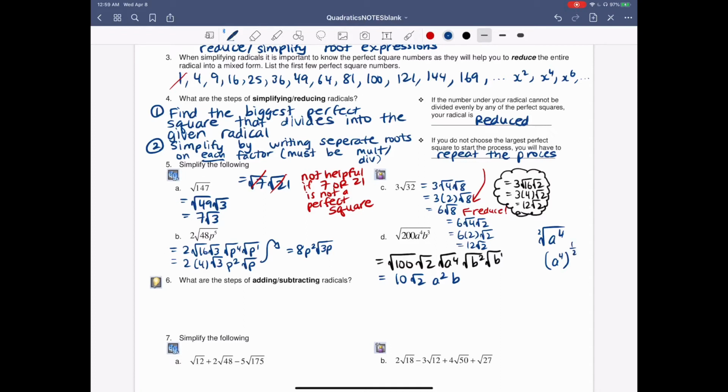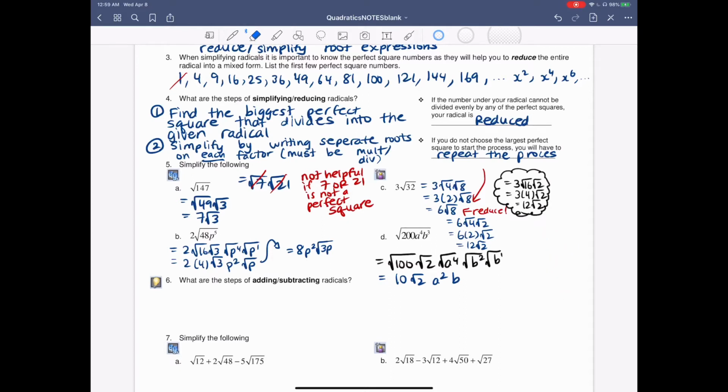So that could actually be written as 1 over 2. And by the power of a power rule, it states to multiply the exponents. And a^4, so 4 times a half is 2. So that's why square root of a^4 is equal to a^2. And what two numbers multiply to a^4 exactly? Well, a^2. Okay.